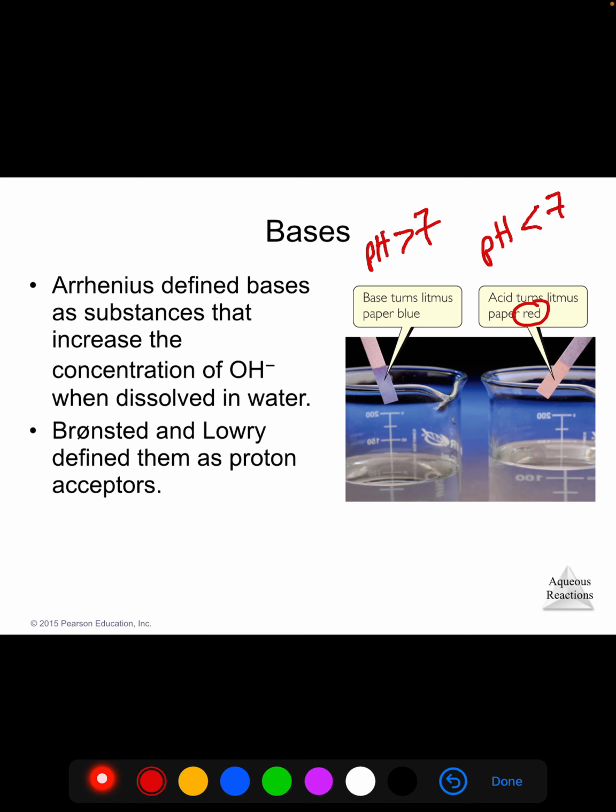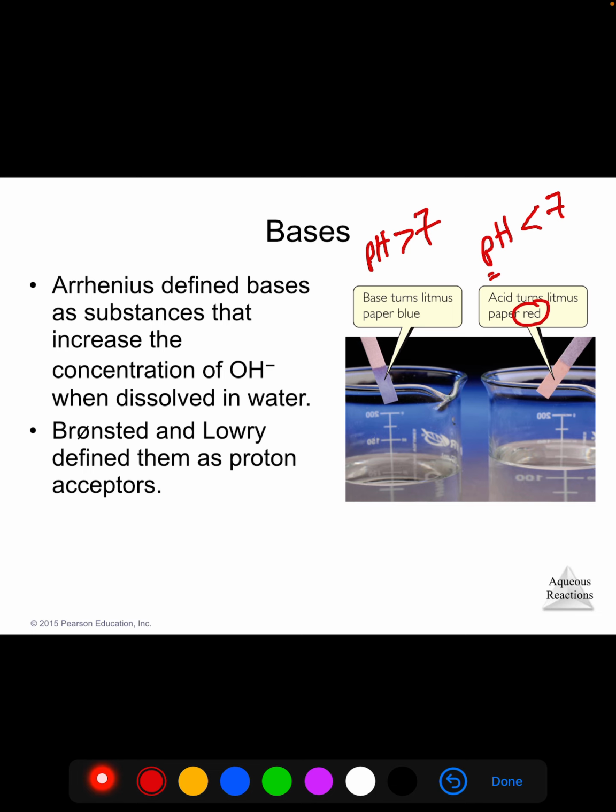And by the way, this P stands for minus the log of. So if you're going on in the medical field, you'll deal with PO2 and PCO2 and other values all the time that are concentrations converted to the reciprocal or negative log because it makes them easier to work with.